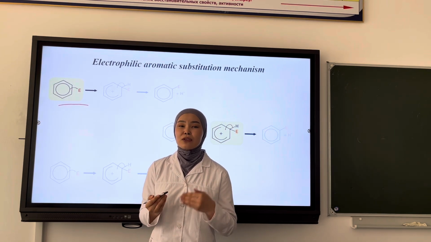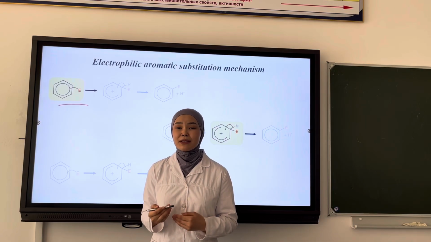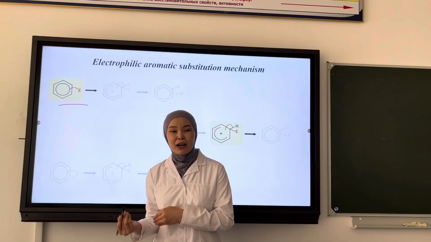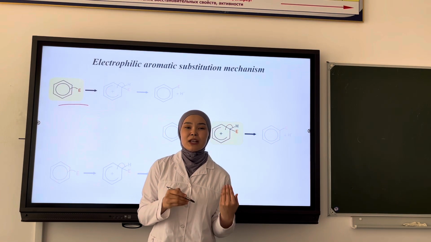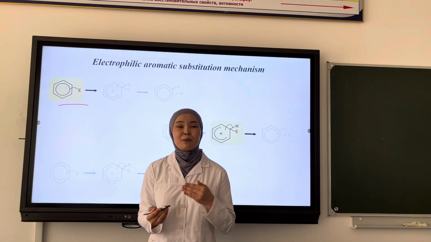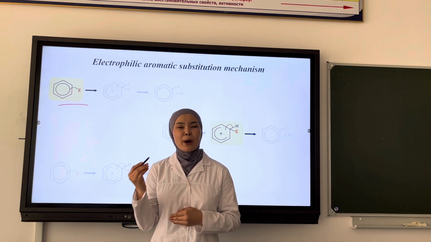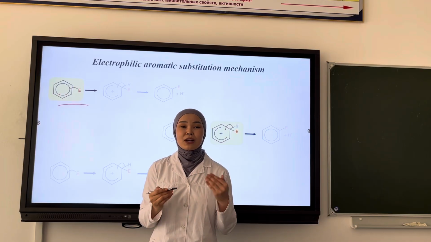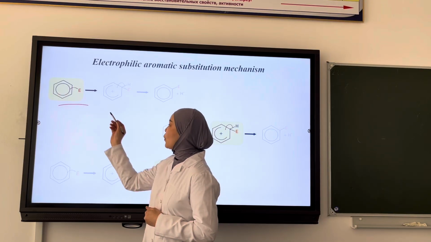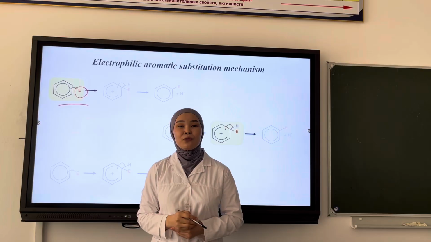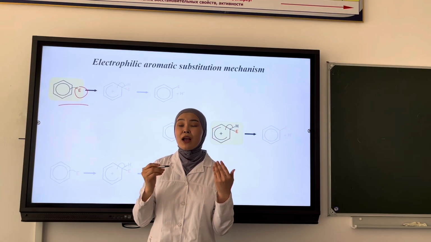As the electrophile approaches the benzene ring, it attracts the electrons in the delocalized pi system. A pair of these electrons is then drawn out to form a bond with the electrophile.